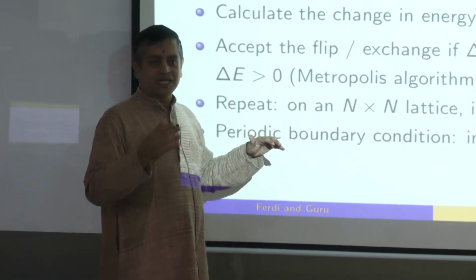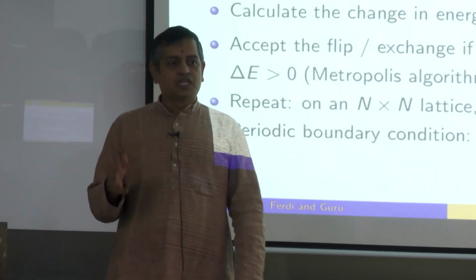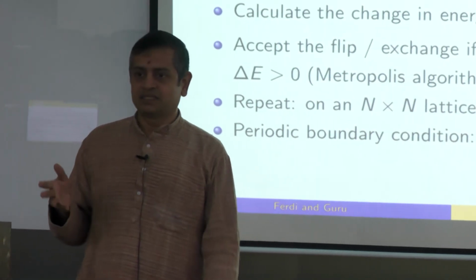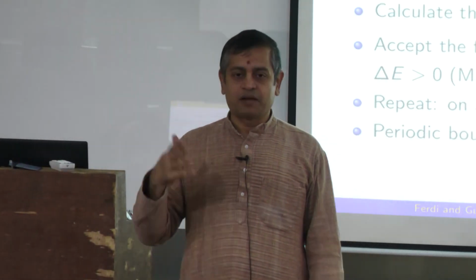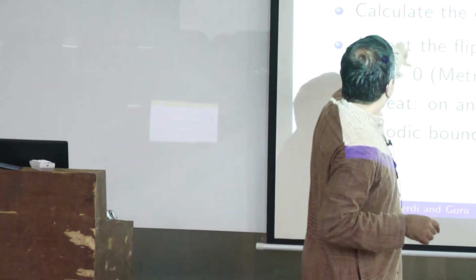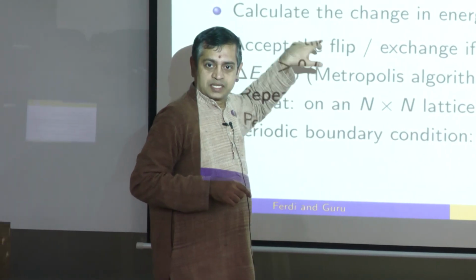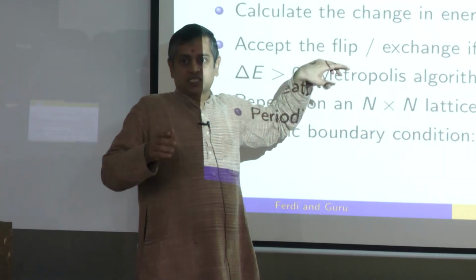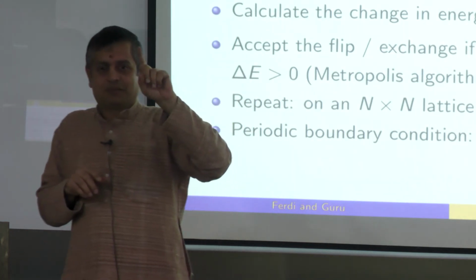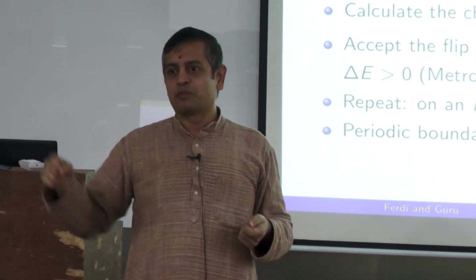Now, this is some terminology. In Monte Carlo, if you have a lattice of size n by n in 2D and n by n by n in 3D, if you do this process, flip, calculate and accept or reject the flip, n by n times, it is called one Monte Carlo step. Basically, because you are randomly choosing, you would have sampled all the points at least once.